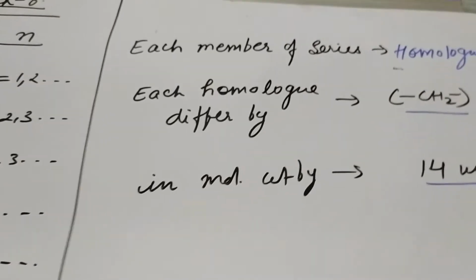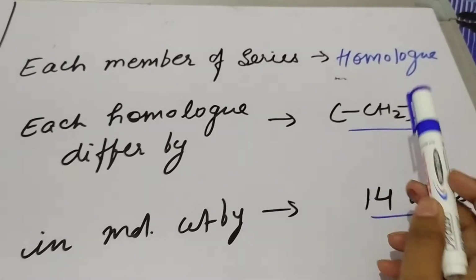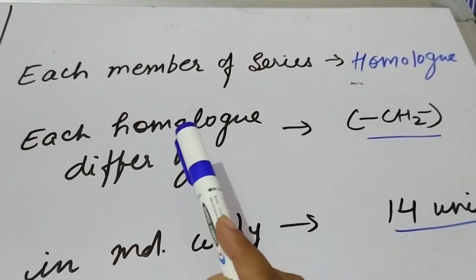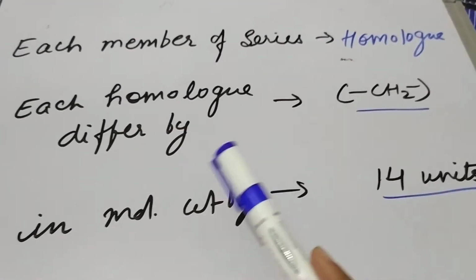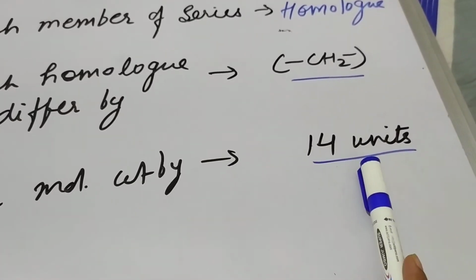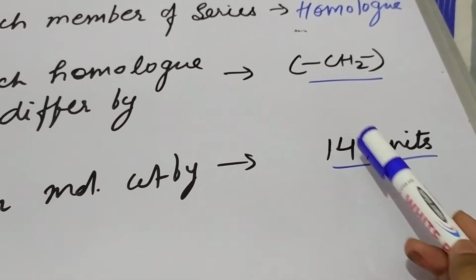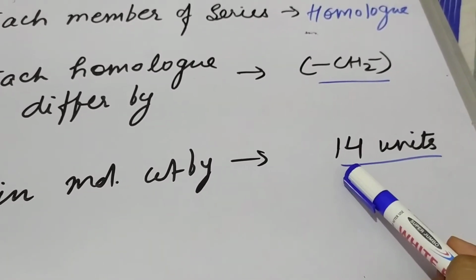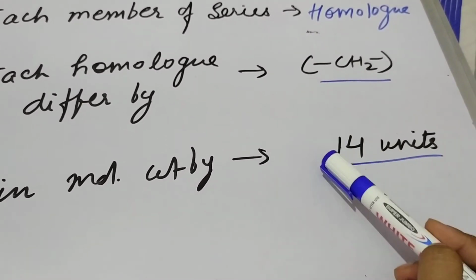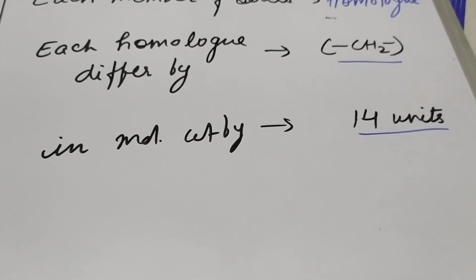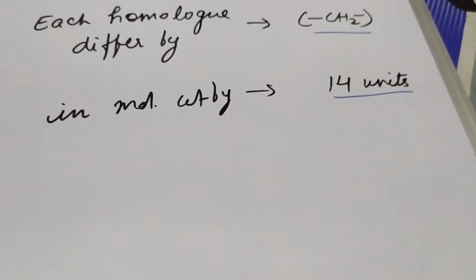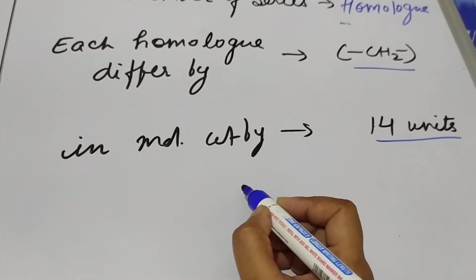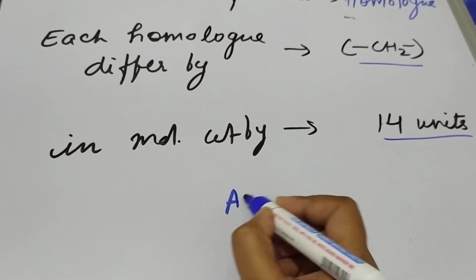Now each member of each homologous series is called a homologue. Each homologue differs by a CH2 group and in molecular weight by 14 units. What is the use of these two facts, that is for molecular weight and formula? Suppose I ask you to write the formula of the fifth member of alkanes.